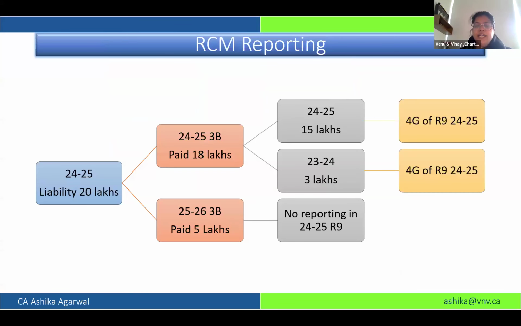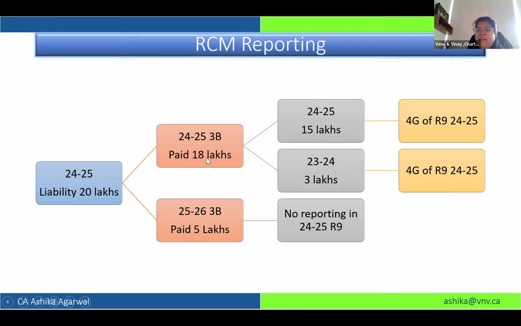Here, one more thing I want to highlight is where people are missing this part. There may be a case where the liability that has arisen and the liability that has been paid do not match, like in this example. Here, in 24-25, I am liable to pay tax of 20 lakhs.